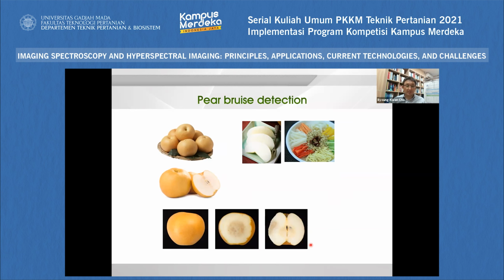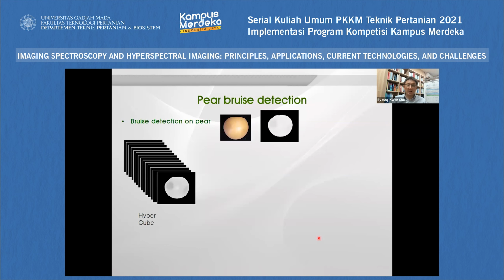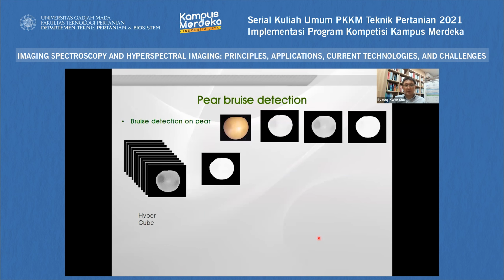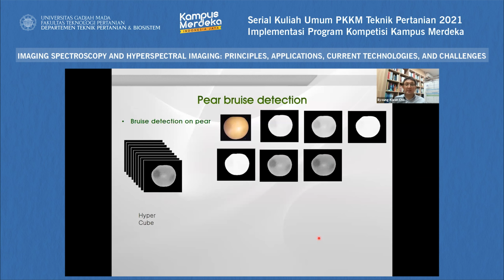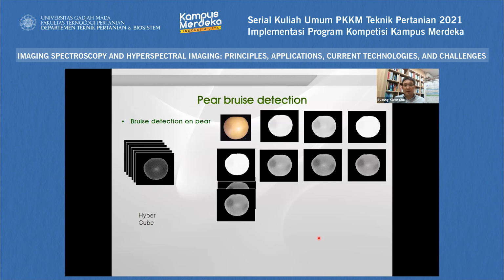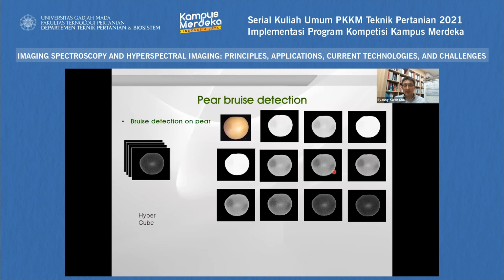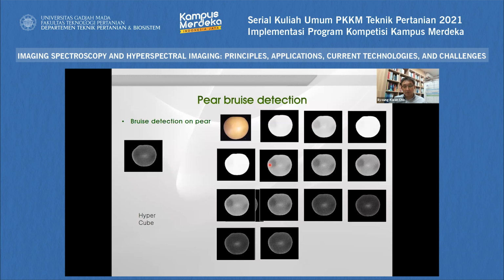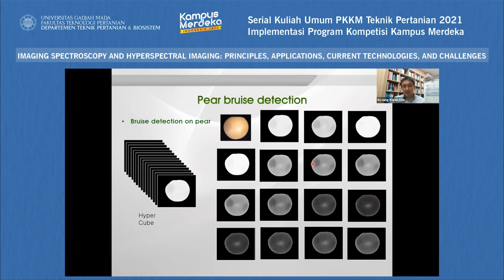Okay, how can we do that? A color image is not quite possible because the surface area is okay, no problem, but the problem is inside, right? So how can we do that? Let's use hyperspectral near infrared images. It's reflectance imaging. This is the image at a certain wavelength here. We could see some bruise area here, right? And there is a shiny spot.